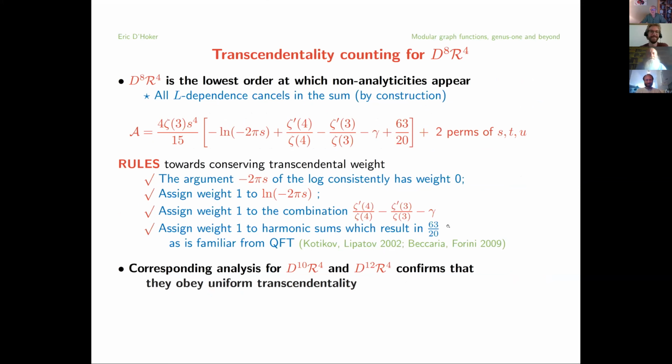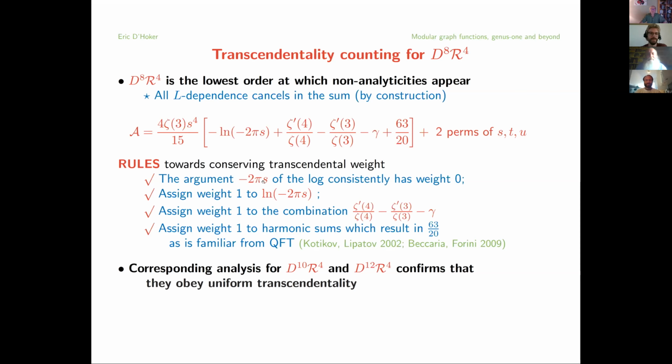Yes, exactly the slide I skipped. So here on this slide, I wrote down the amplitude for genus 1, not the whole amplitude, but basically the amplitude that contains the log of s, which starts at the origin for s equal to 0, and then the terms in s to the 4th.